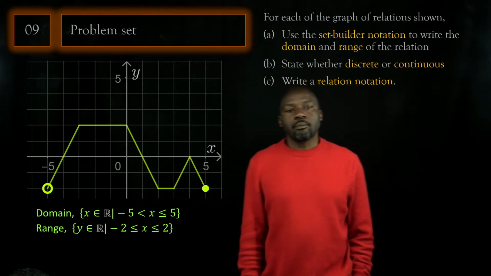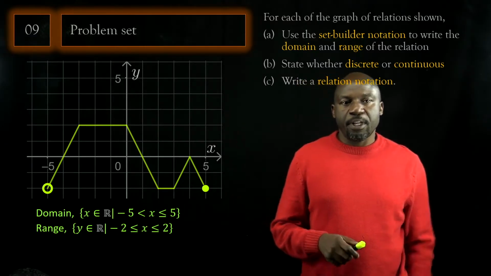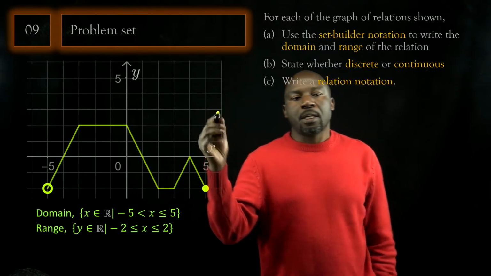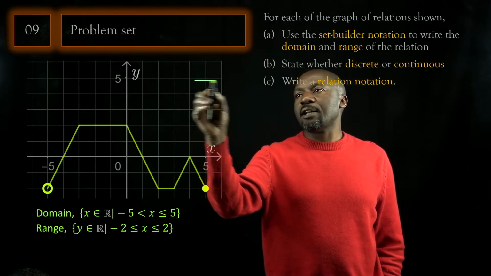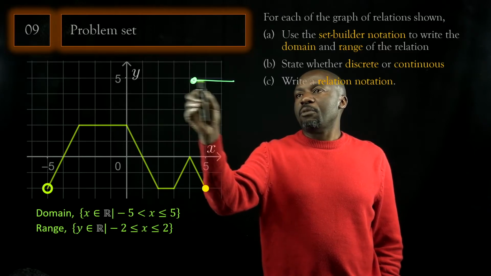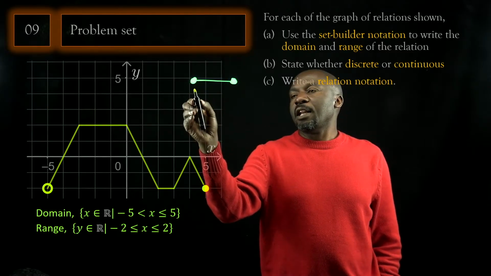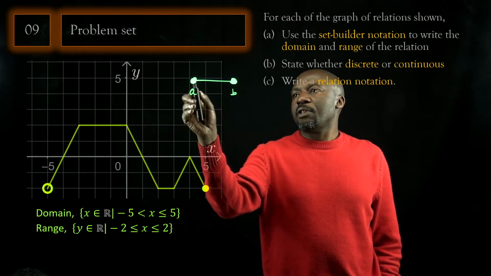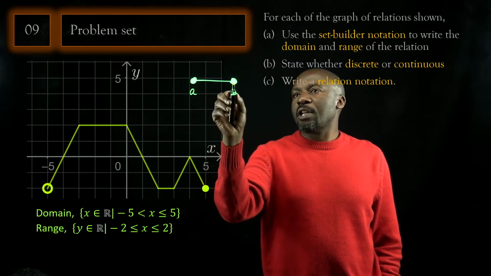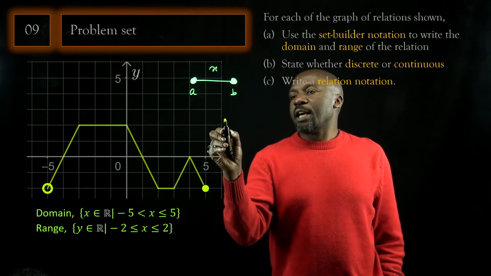Okay? All right. Something else, very briefly. If I have a line there and both sides are filled like that, and let's say this is A and this is B, all right? That means this end is acceptable and that end is also included, all right? And these are values of x.